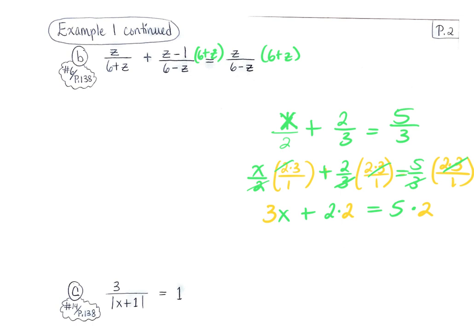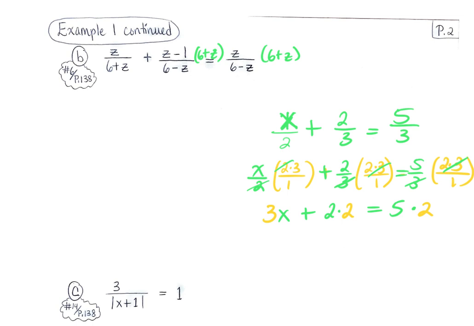I can't hear you. z? No, you're taking part of the denominator. Did we take part of the denominator here? No. What did we take? The whole denominator, y'all. 6 plus z, say it loud. 6 plus z times 6 minus z.